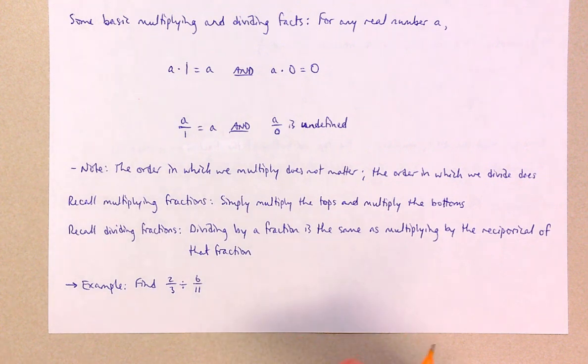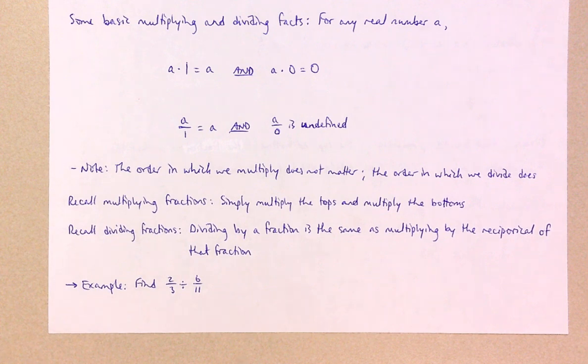Dividing by a fraction is the same thing as multiplying by the reciprocal of that fraction. The reciprocal of a fraction is simply taking the top and bottom and having them switch places. So top becomes bottom, bottom becomes top.